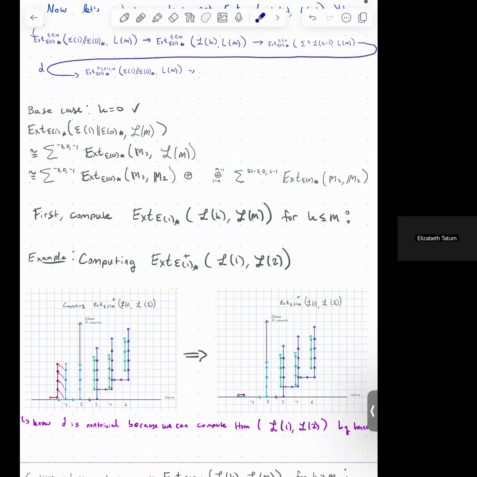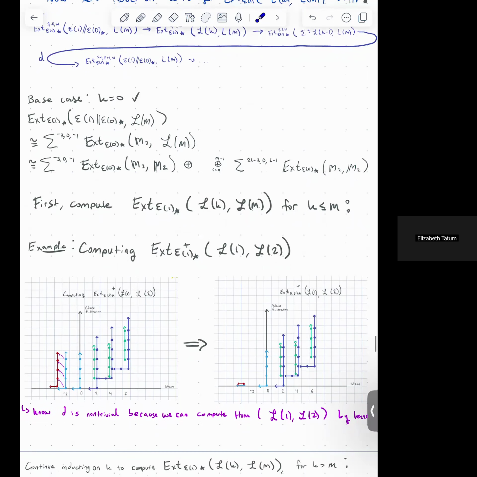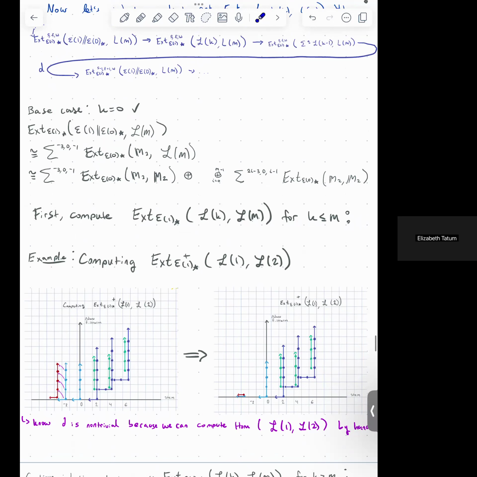Okay, then I think I'm almost out of time, but just a small example. This part breaks into two pieces. So computing x over e of 1 star for k less than or equal to m all looks the same. So this piece here, this is our x over e of 0 star piece.